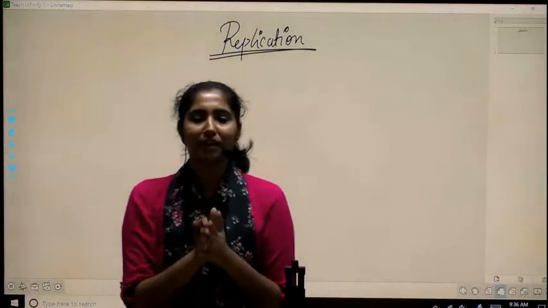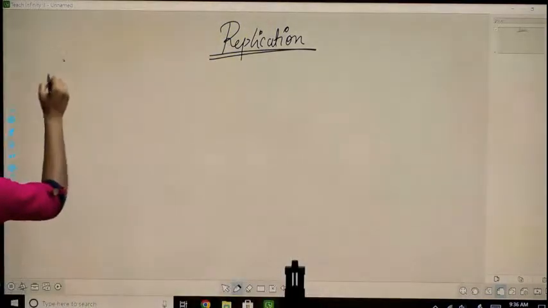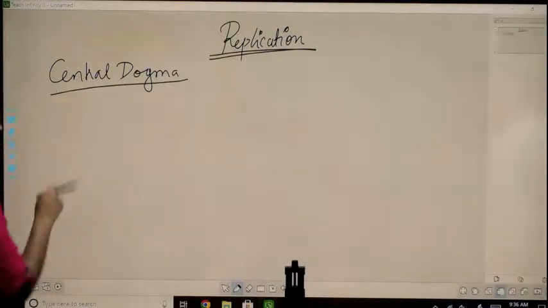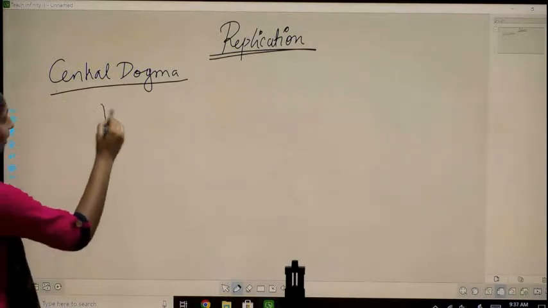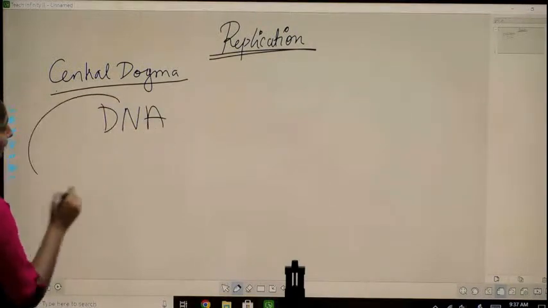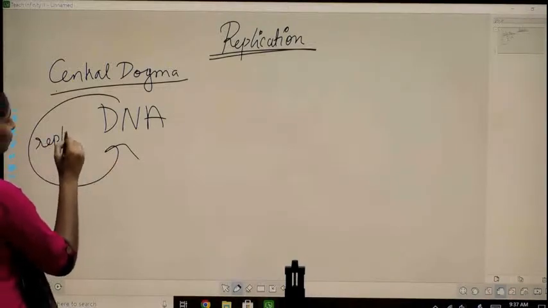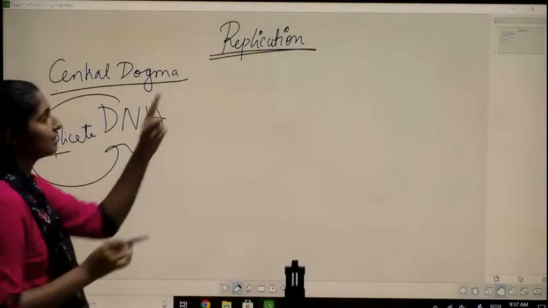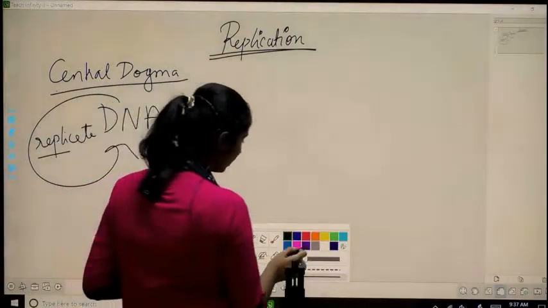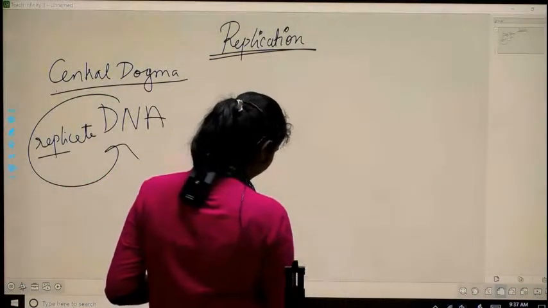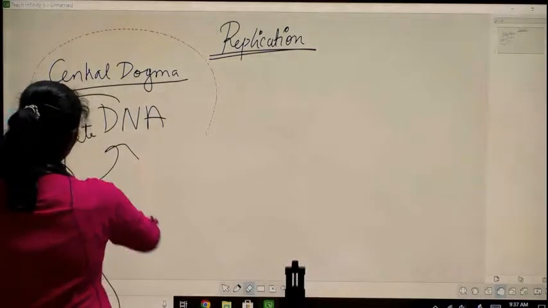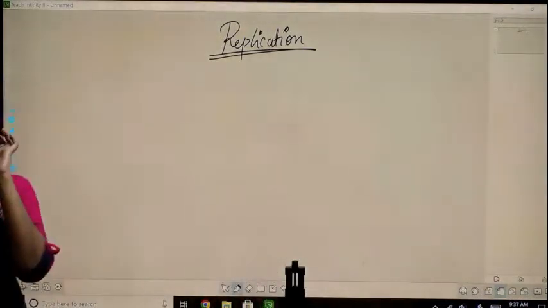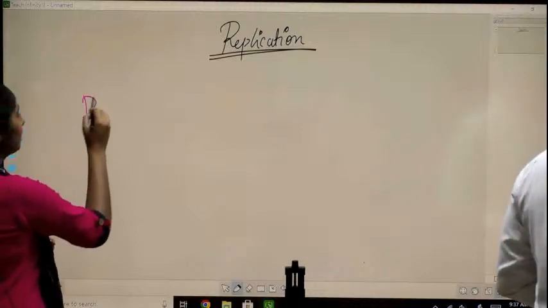In the previous series, we had learned about central dogma. DNA exists in a double helix conformation.